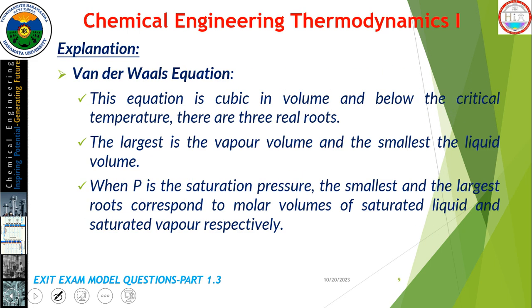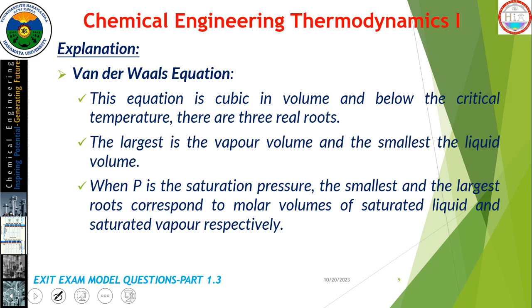The van der Waals equation is cubic in volume, and below the critical temperature it has three real roots for the pressure, volume, and temperature. The largest is the vapor volume, the smallest is the liquid volume. When P is the saturation pressure, the smallest and the largest correspond to the molar volumes of the saturated liquid and the saturated vapor respectively.